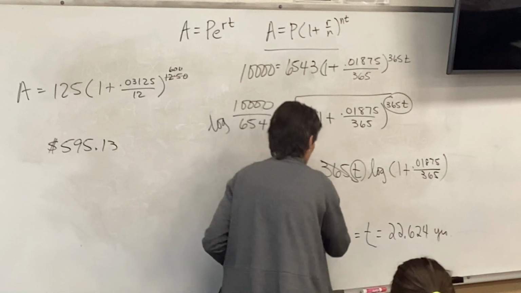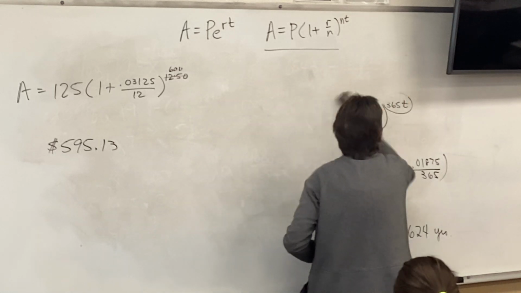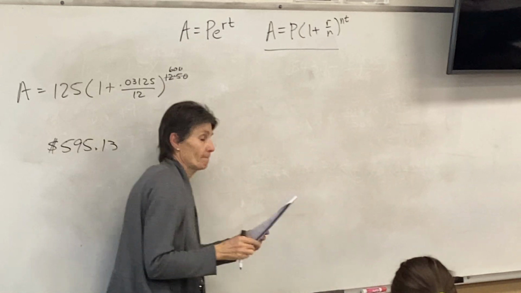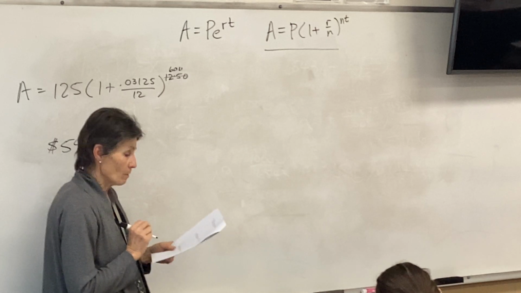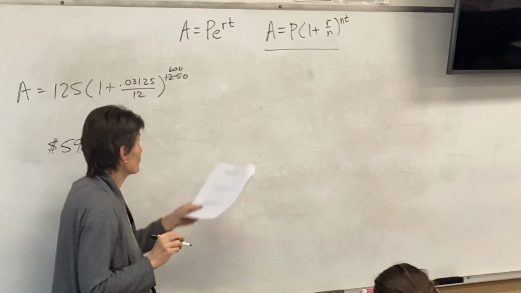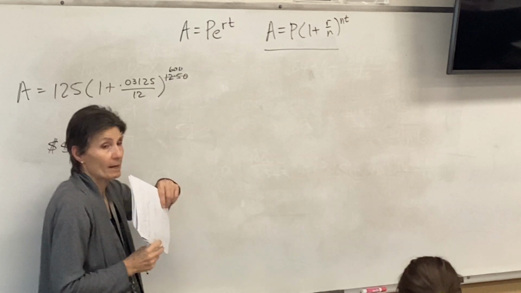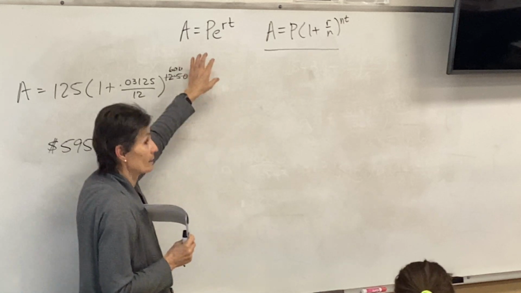All right, last problem on this practice test. Need a formula. First one. How do I know it's the first one? It's not about money. And if it's not about money, it's automatically going to be that one.